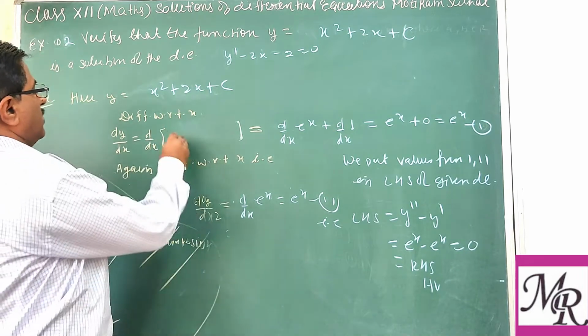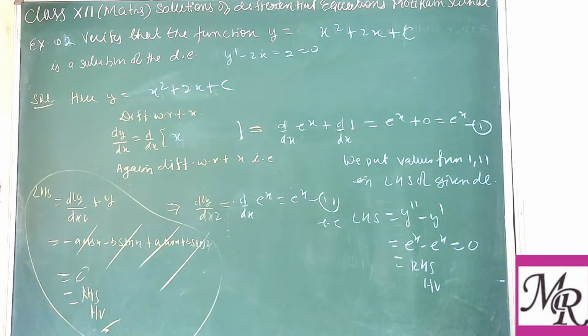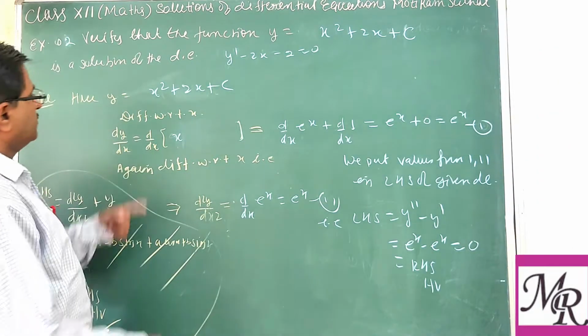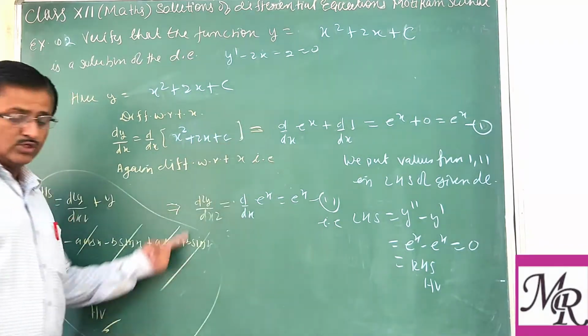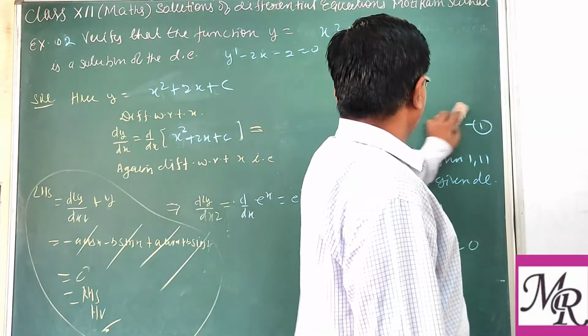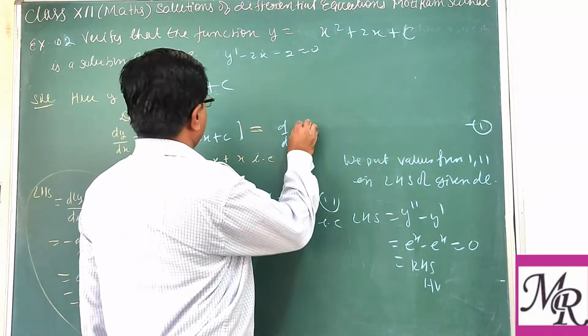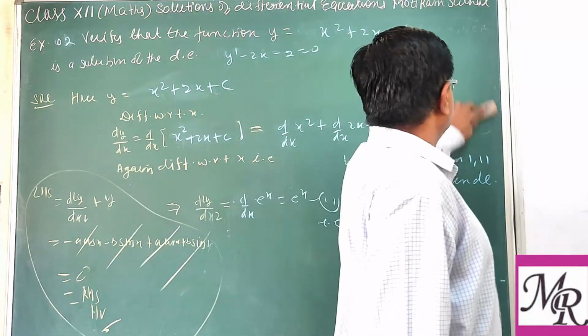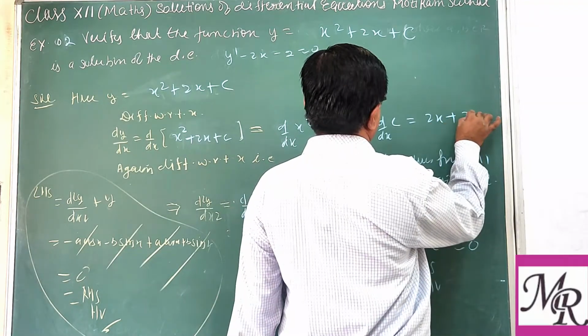Now differentiating this with respect to x, using the algebra of derivatives, d by dx of x square plus d by dx of 2x plus d by dx of c. So this value will be 2x plus 2 plus 0.